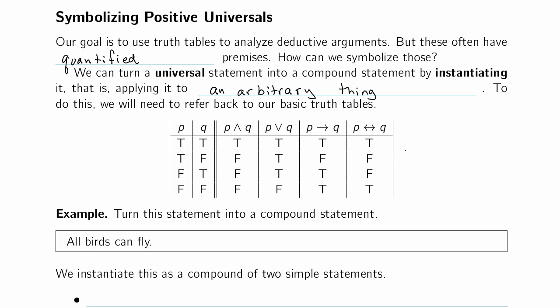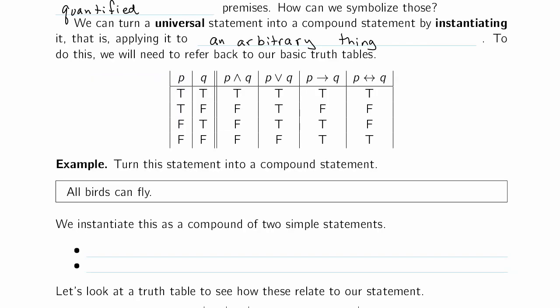So let's have a go at symbolizing a positive universal statement. We have the statement, all birds can fly. What would that mean? What is that telling us? Well, it's telling us about two categories, the category of birds and the category of flying things.